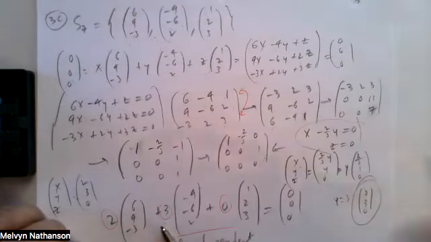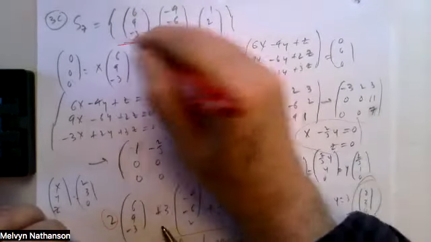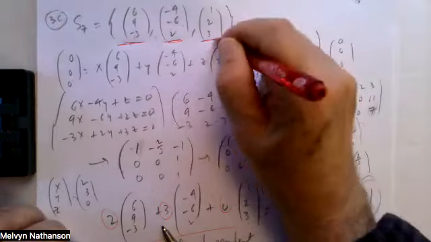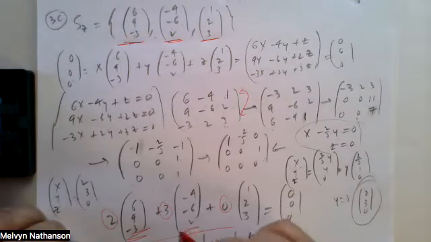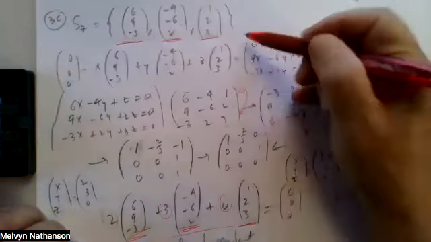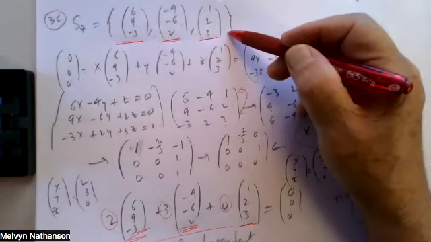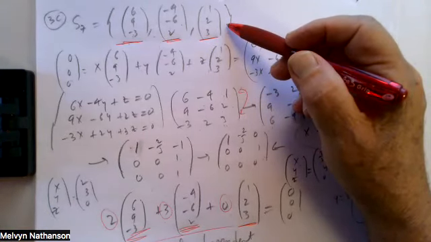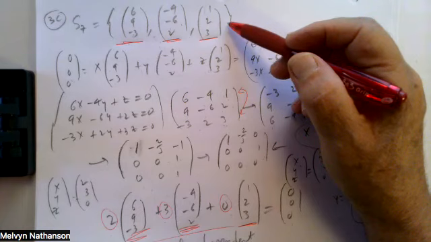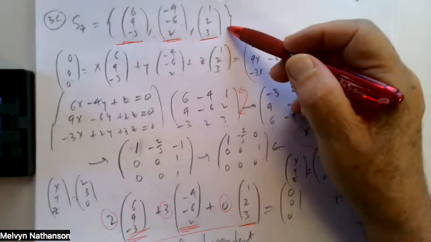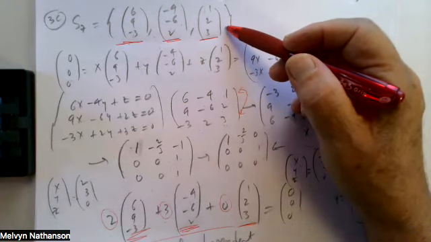S7 consists of these 3 vectors. This is the given problem. These are the 3 vectors. I'm not making them up. Here's a set of 3 vectors. Find the subspace they generate, find a basis for it, and find the dimension of it.